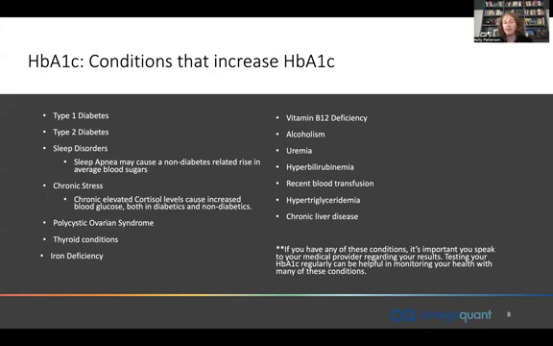Chronic stress as well. Chronic elevated cortisol levels can cause increased blood glucose, both in non-diabetics and diabetics. Again, we're not going to see it quite as high in non-diabetics, but that chronic stress can definitely increase those A1C levels. Conditions like polycystic ovarian syndrome and thyroid conditions, those are both hormonal disorders.